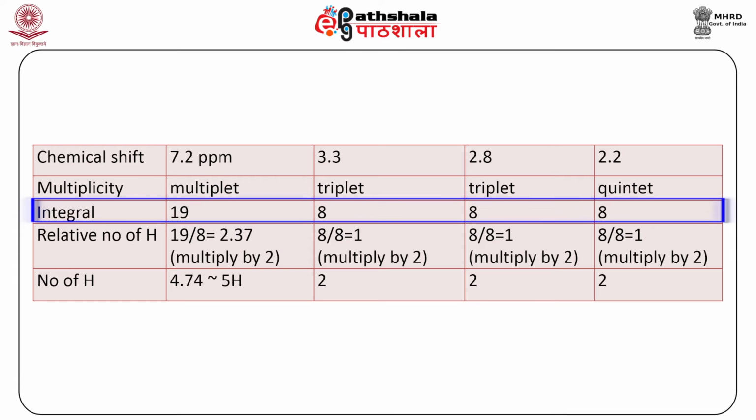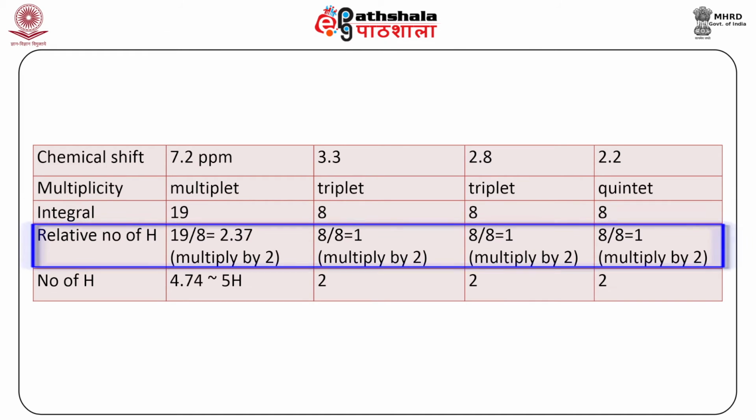Therefore, to find the actual number of hydrogens present, we first need to find the relative number of hydrogens present in the given molecule. To find that, let's divide the integral values by the common factor of 8.